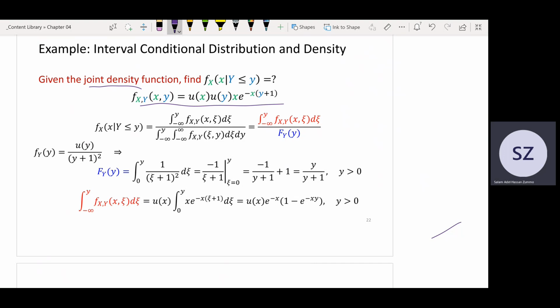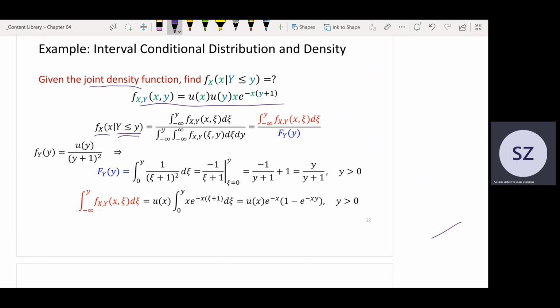We found the marginal PDF of x, the marginal PDF of y, and the conditional PDF of x given y, the point condition, and the PDF of y given x. Today, we'll use the same example to find the PDF of x given y in a specific range, not y equal to a specific number. So this is now interval conditioning.